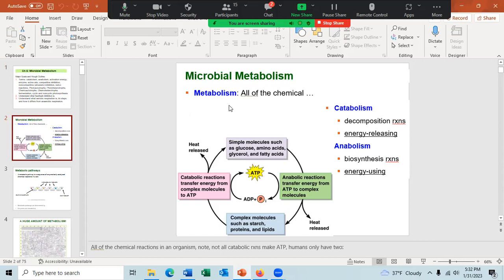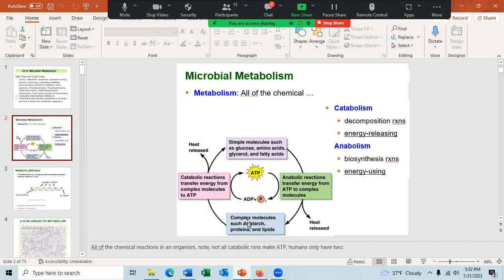You can break metabolism into 2 parts, catabolism and anabolism. Catabolism is a decomposition reaction where a larger molecule, such as starch, is broken down into a simple, smaller molecule, such as glucose. Energy is given off by this reaction, and we can make ATP from some catabolic reactions.